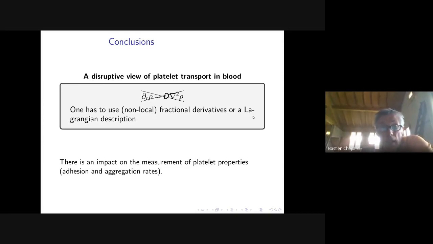Or you go to a purely Lagrangian description, which fits well with lattice Boltzmann, by the way. And I must say that this discovery is, of course, important from an academic point of view, but it also has a big impact on the way you analyze platelets for medical purposes. If you don't know how they move, you are likely to interpret them very wrongly.